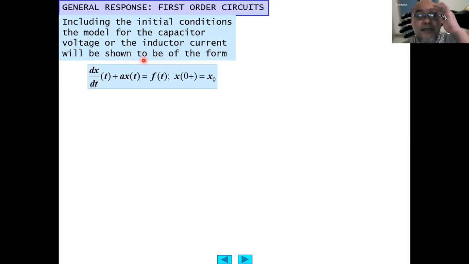So dx/dt, where x is the value that we want to find, either voltage or current, plus a x(t), where a is a constant, equals f(t), where f(t) is the forcing function. And then the initial value of that parameter x at 0+, meaning from 0 seconds to the right, is the value of x, simplified as x0.